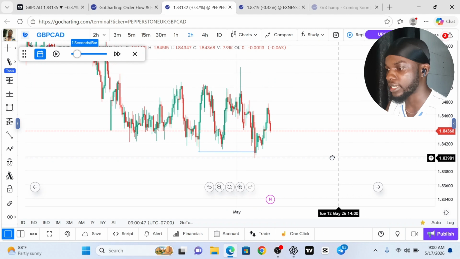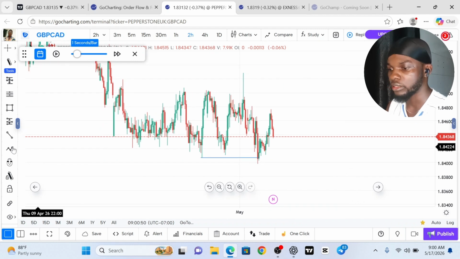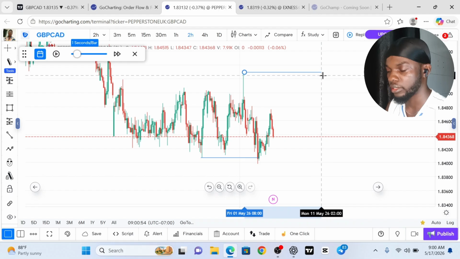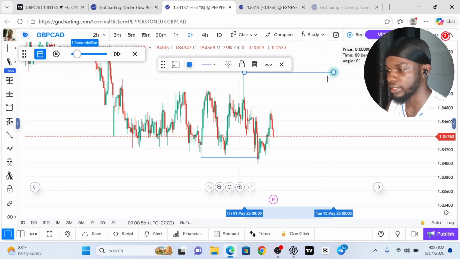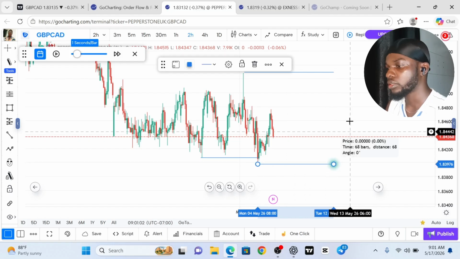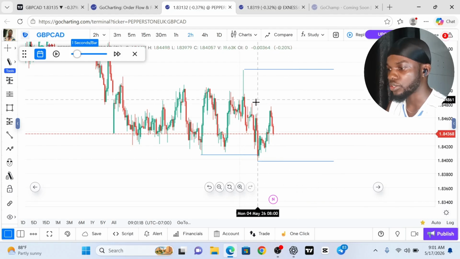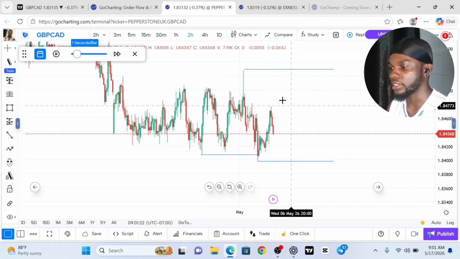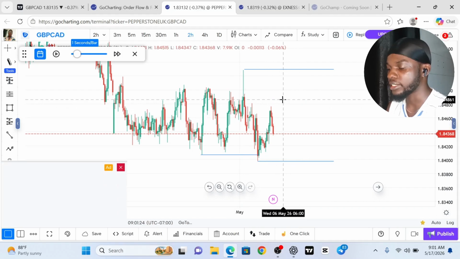This is my external, and here I have my swing high of my external, and I have my swing low. So as you can see here, the market is currently in a downtrend in my external. That is, the general market trend is downtrend.